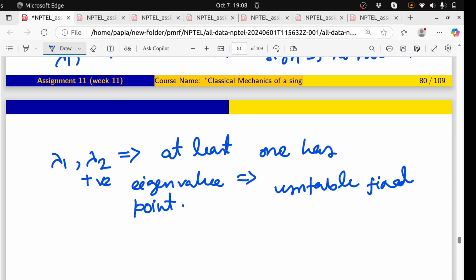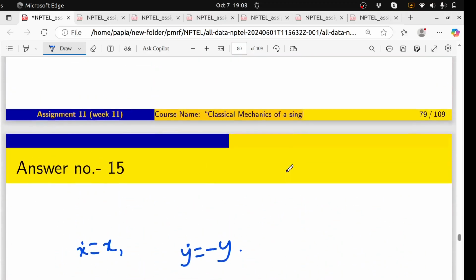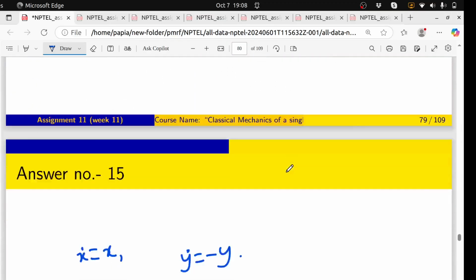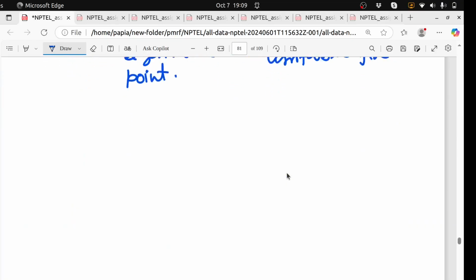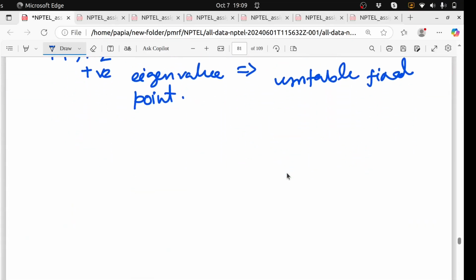Sorry, but these things we are not talking about in this question. What we are going to see is what the trajectory is for this case. So the equation again is x dot equals to x, y dot equals to minus y.